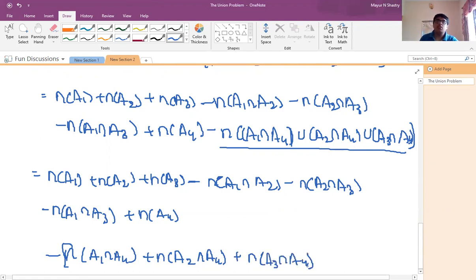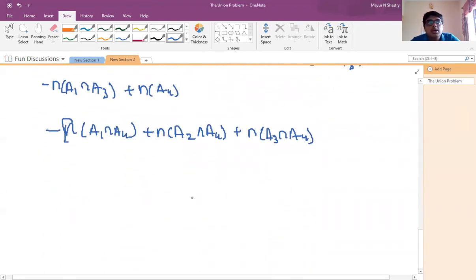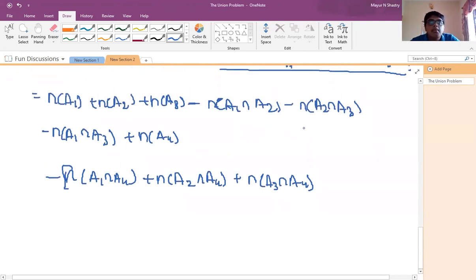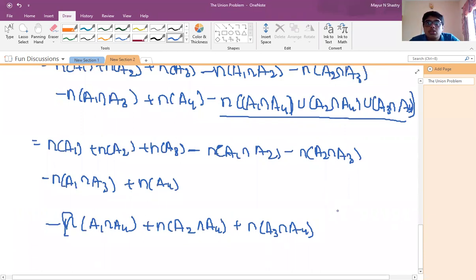Then we have something like this. So then we will have minus n of A1 intersection A2 intersection A4. I'm just writing A4 one time because it's just intersection, we need not write two times.